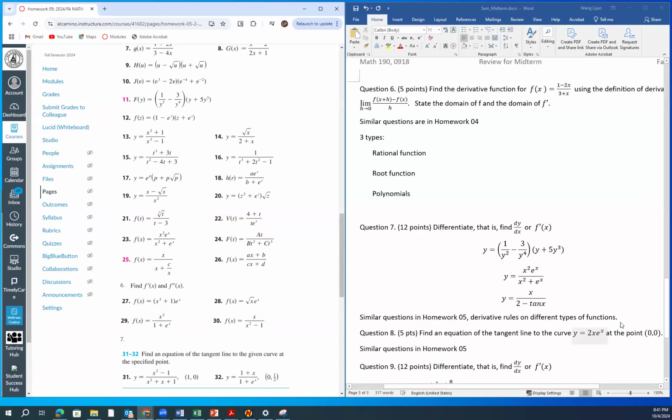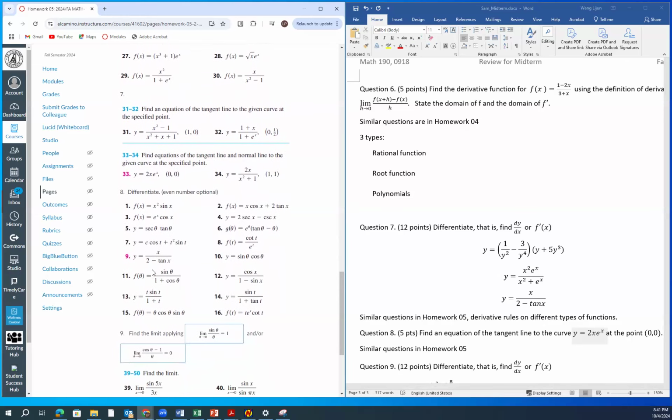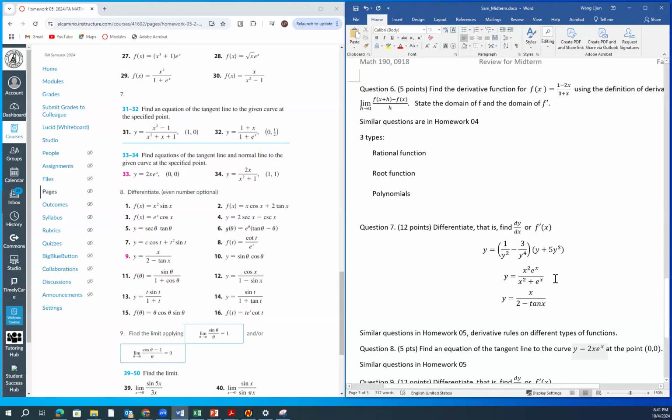There will also be types where you need to apply the chain rule and other rules. And trig functions, right? So these derivatives, you need to know, there will also be some types you need to deal with, okay?